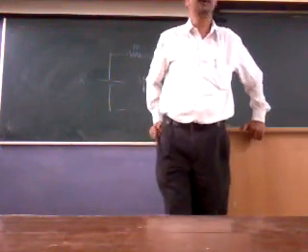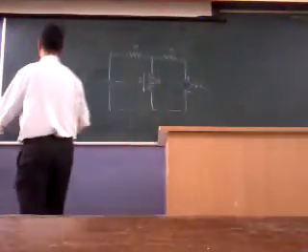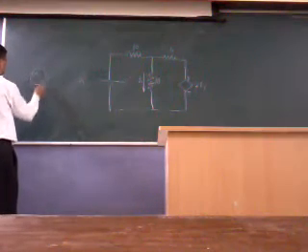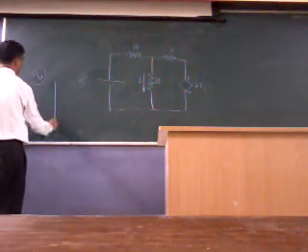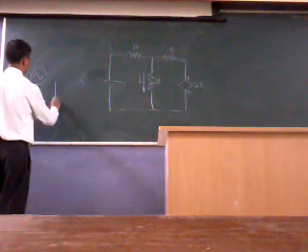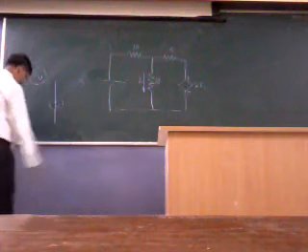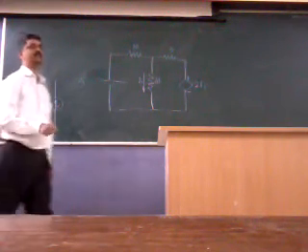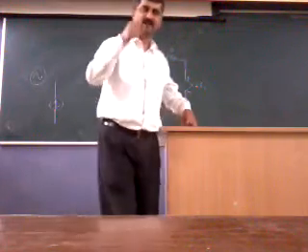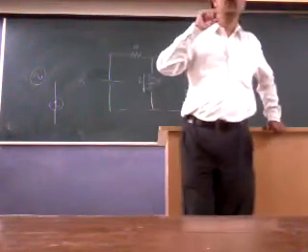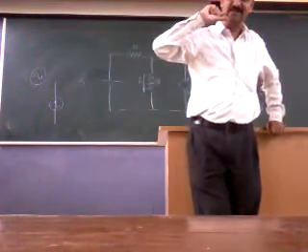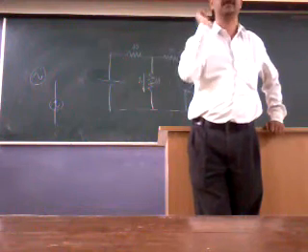AC voltage source is shown like this, and AC current source is shown like this. AC current source is that entity which maintains current through it which varies in a particular sinusoidal manner.